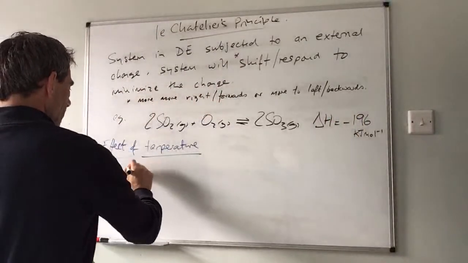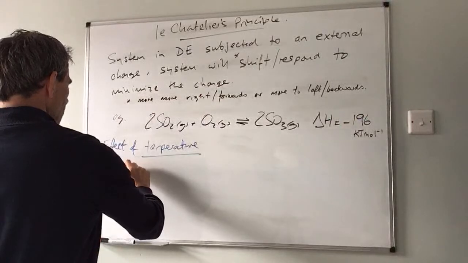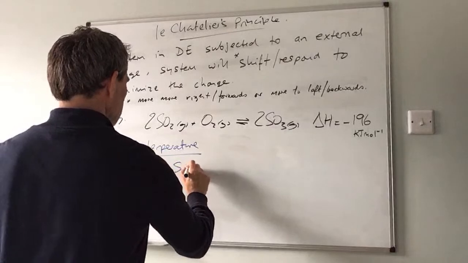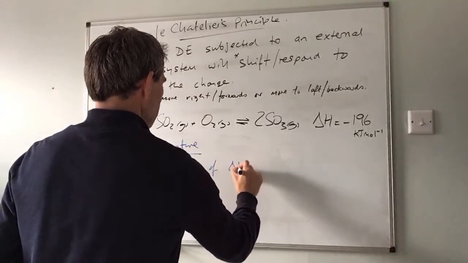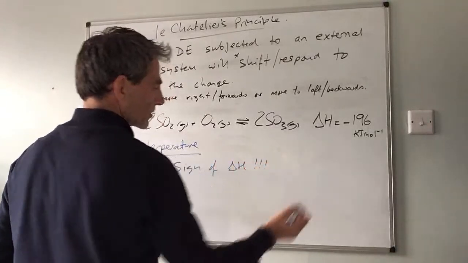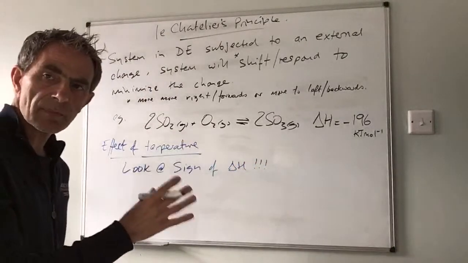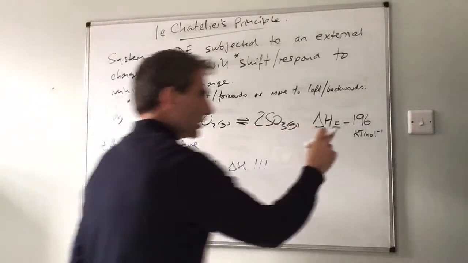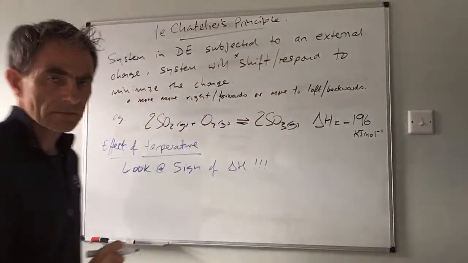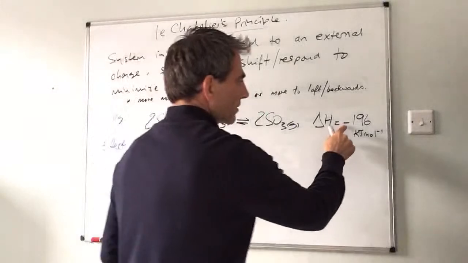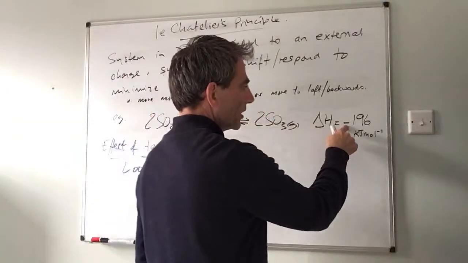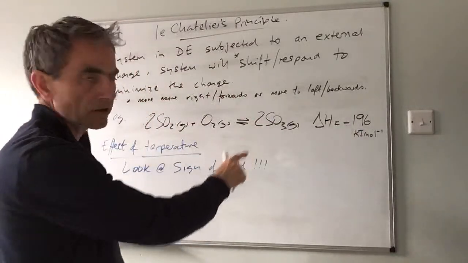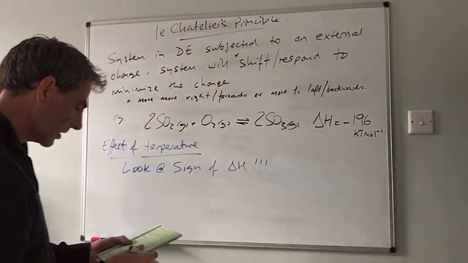So I'm going to write on there straight away, look at sign of delta H. If you're making notes on this, that's the most important thing you need to do. So temperature, look at the sign of the delta H, okay? You can see there that this forward reaction has got a negative enthalpy change sign. So that means the forward reaction is exothermic, okay?